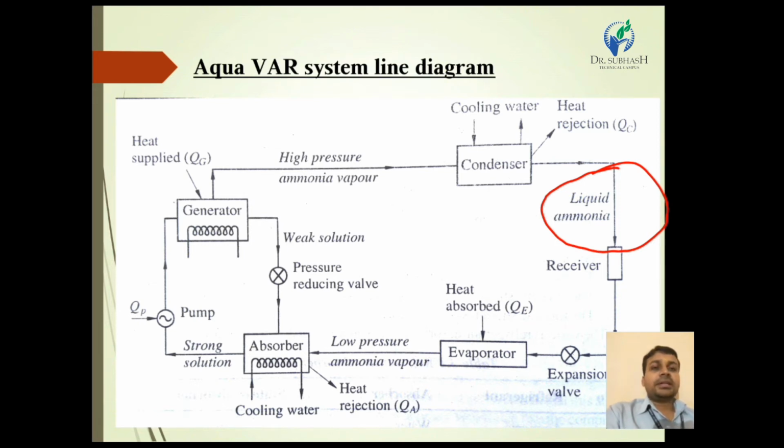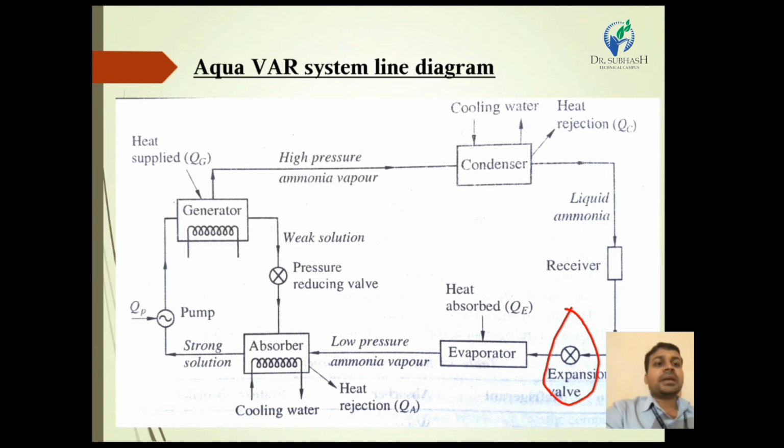If NH3 vapor passed to the expansion valve, it would create a problem: it would create a freezing point and choke the expansion valve. The main function of the receiver is to pass only liquid refrigerant to the expansion valve. Here it is mentioned as an expansion valve in the VAR system, but actually the VCR system has an expansion valve. The VAR system has no expansion valve; it is a pressure reducing valve.